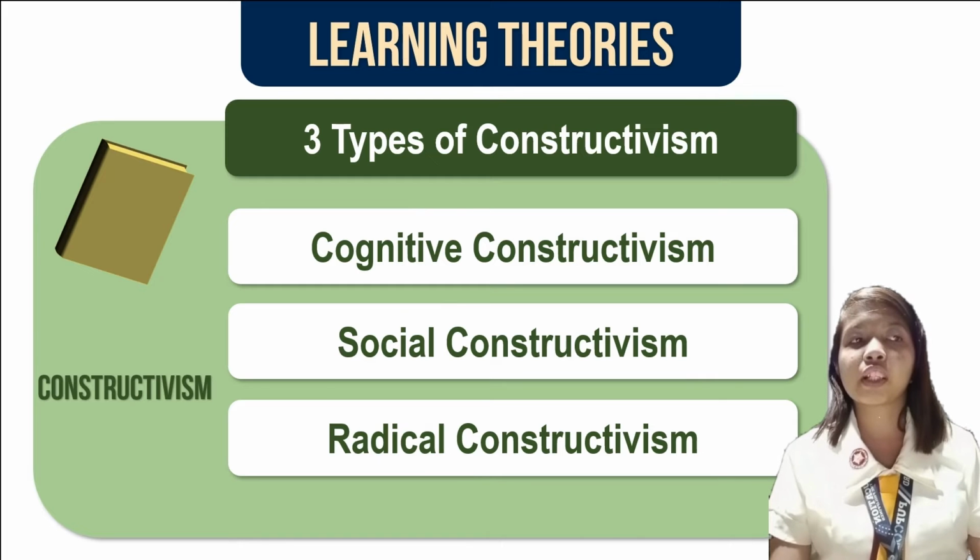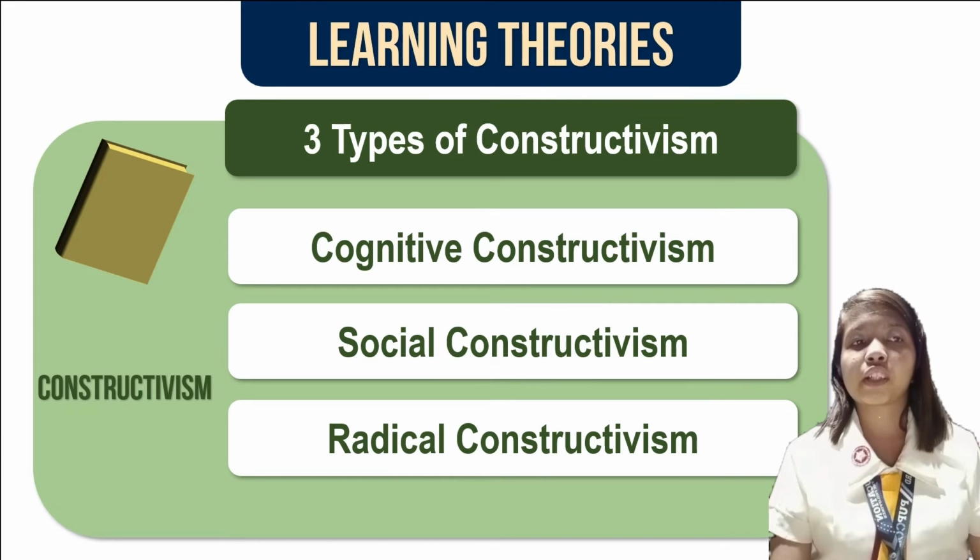Social constructivism comes from Lev Vygotsky and is closely connected to cognitive constructivism, with the added element of societal and peer influence. The third, which is the last one, is radical constructivism.